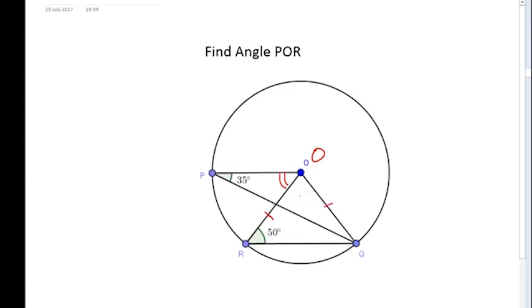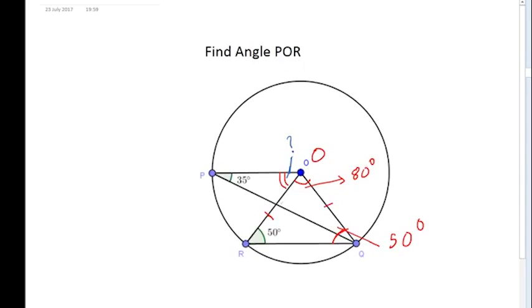So this triangle becomes an isosceles triangle. And if it's an isosceles triangle, this is 50, so this angle will also be equal to 50. And if this angle is 50 and this is 50, this angle becomes 180 minus 100, or 80 degrees. So this angle we know is 80 degrees. We have to find the one on this side actually. We have to find this one.